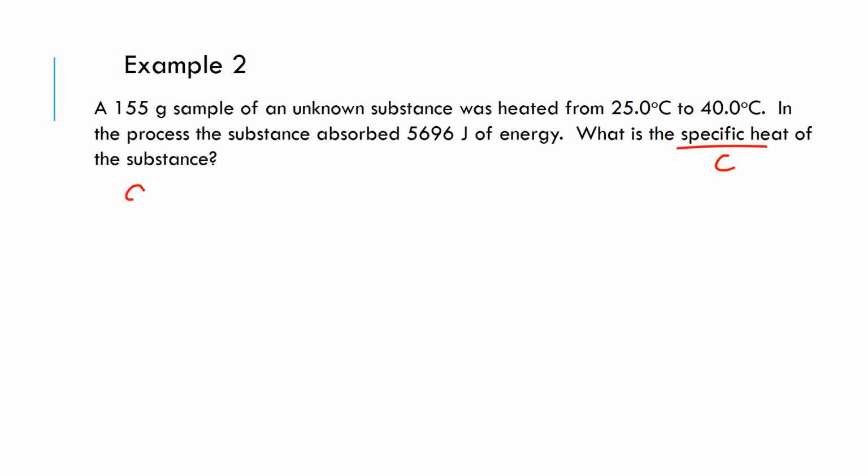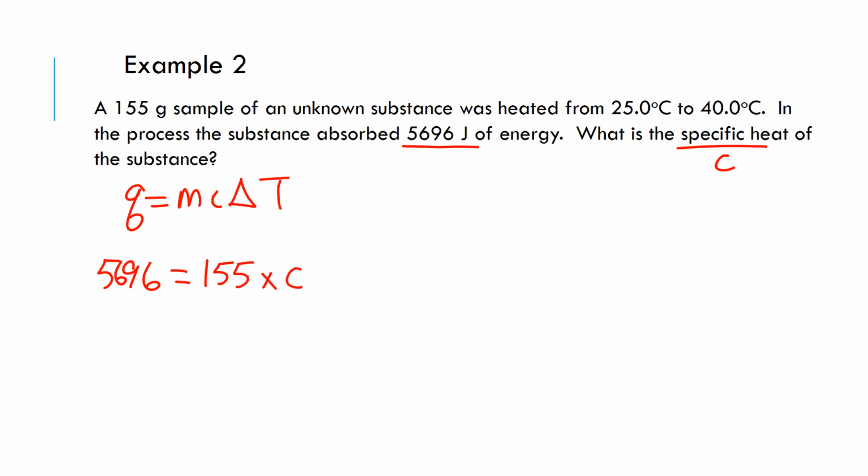So when I plug the values into my equation, Q equals mc delta T, Q is energy or heat in joules. So we're going to have 5,696 being equal to the mass, which is 155, times the specific heat, times the change in temperature, which is final minus initial, so 40.0 minus 25.0.